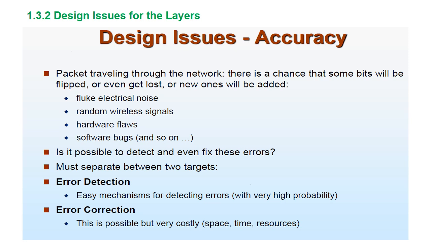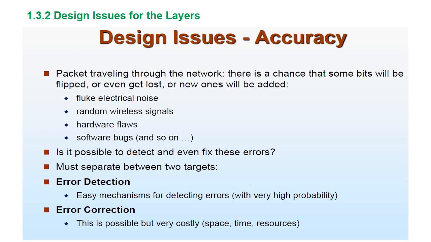Can we detect all these kinds of issues? Yes. For that we have two targets. First, we need to identify what the issue is, that is, detecting the errors. This will be with high probability, and it may take a lot of time to identify an error.